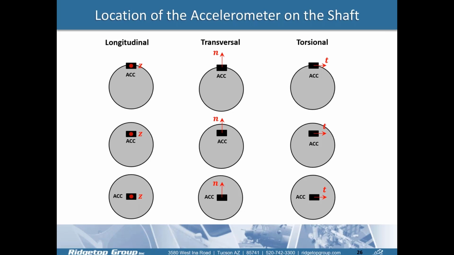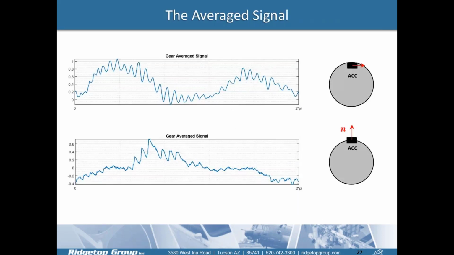Next slide, please. In the next slide, I want to compare these 2 best that we got. So the best for the transversal and the best for the torsional vibration is provided here. As you can see, for the torsional vibration, we got a better vibration signal. We can see all the harmonics up and down, but for the transversal vibration, the signal is more flat and there is less information here.